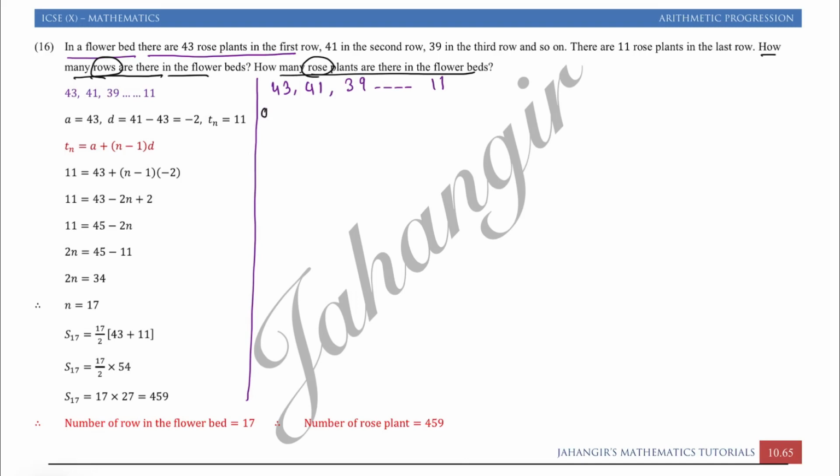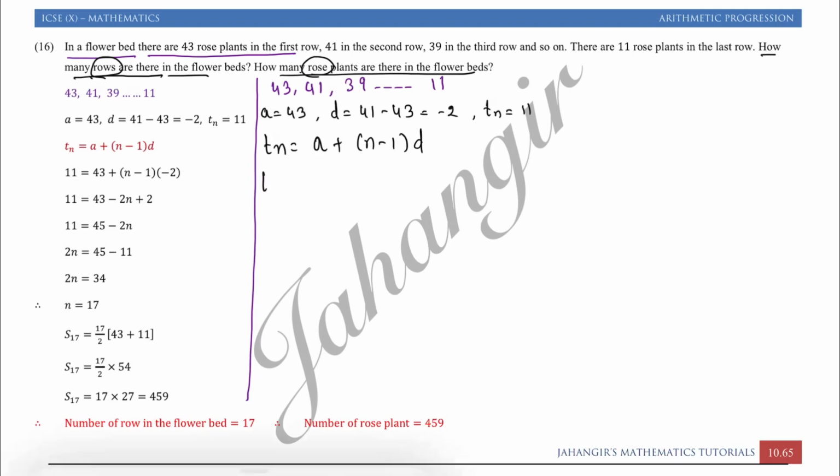So first, taking a as 43, d as 41 minus 43, which is equal to minus 2, and Tn is equal to 11 as the last term is given. So Tn is equal to a plus (n minus 1) into d.